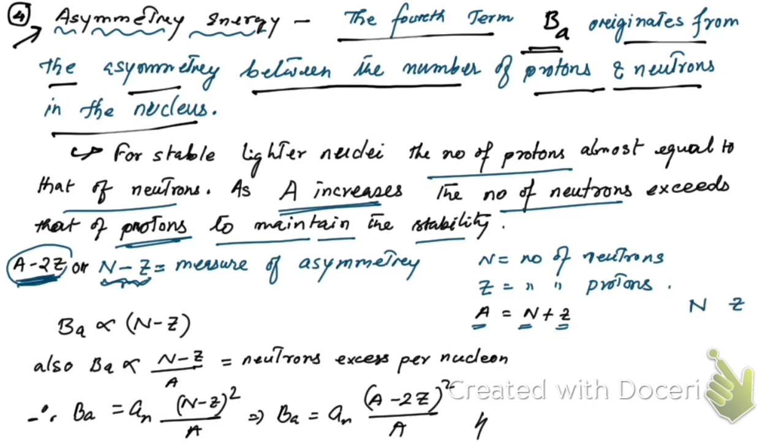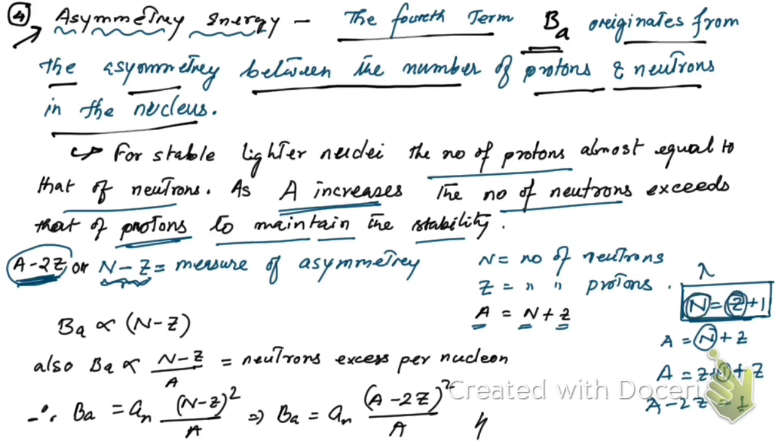That means N is equal to Z plus 1. That means the number of neutrons is 1 more than the number of protons. In that case, A is equal to N plus Z, and this N can be replaced by Z plus 1. So A minus twice Z will be equal to 1. And 1 is the difference, in this example, N minus Z, right? N minus Z is equal to 1. So instead of N minus Z, we can write this term. So hope you have understood this.